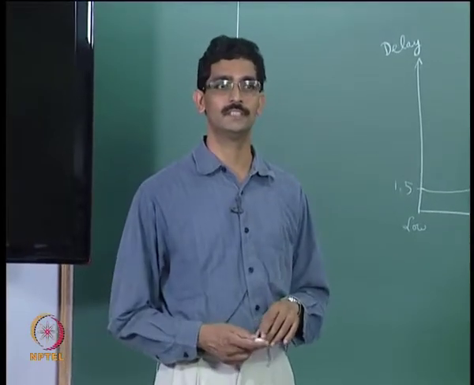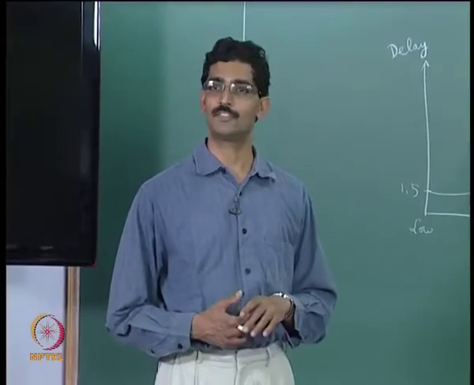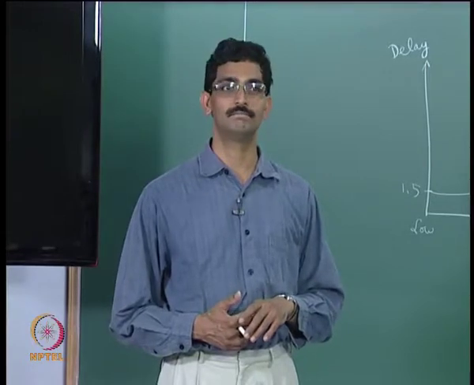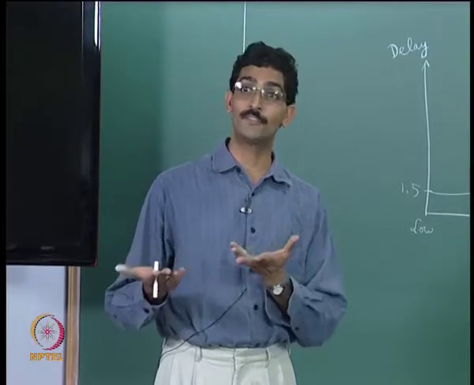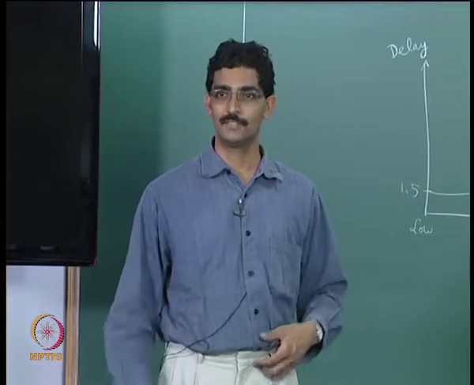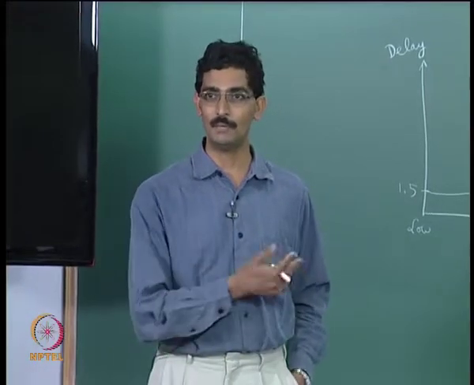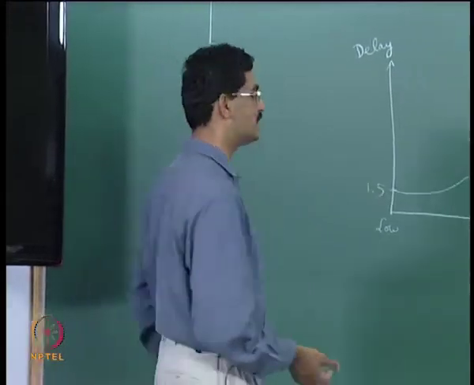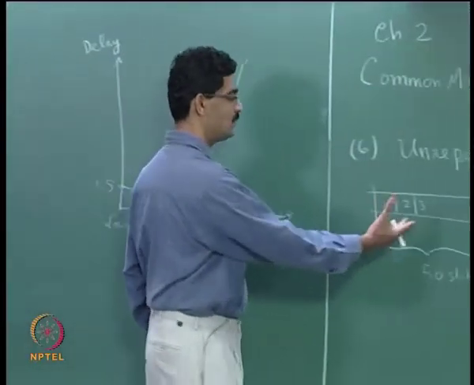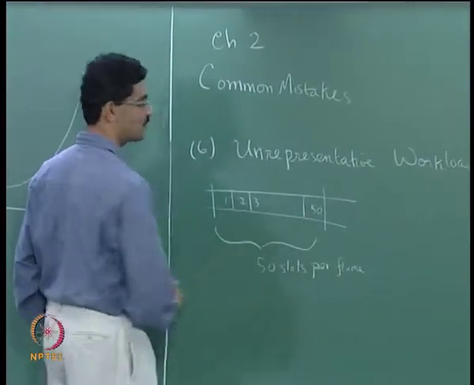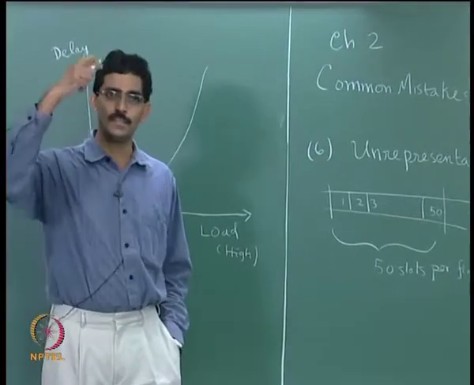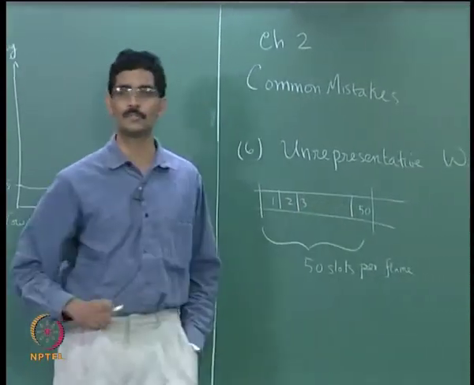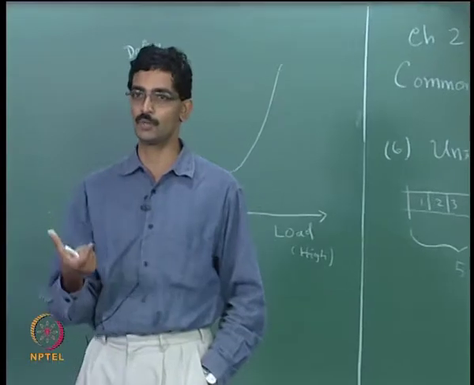In this case what will be the delay once a packet gets to the head of the queue, average delay? Worst case it is 49, best case it is 0, so average would be n by 2, right. If I have n users, if there are n slots in a frame, then let us say 50 is your slot and your packet got to the head of the queue just before the 50th slot, then your waiting time is 0, almost negligible.